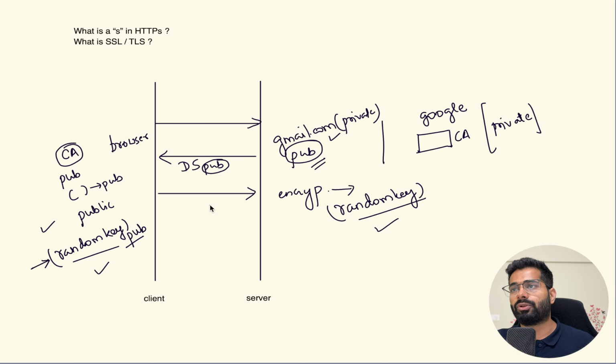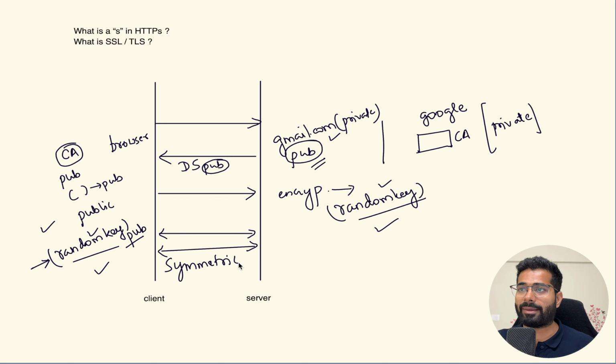Now a TLS connection has been made, and the two systems have a randomly generated key, and it is ensured that only these two computers have access to this random key in the whole universe. All further communications, whether from the server to the client or from the client to the server, will use symmetric encryption. So till now, while establishing the TLS connection, we used asymmetric encryption.